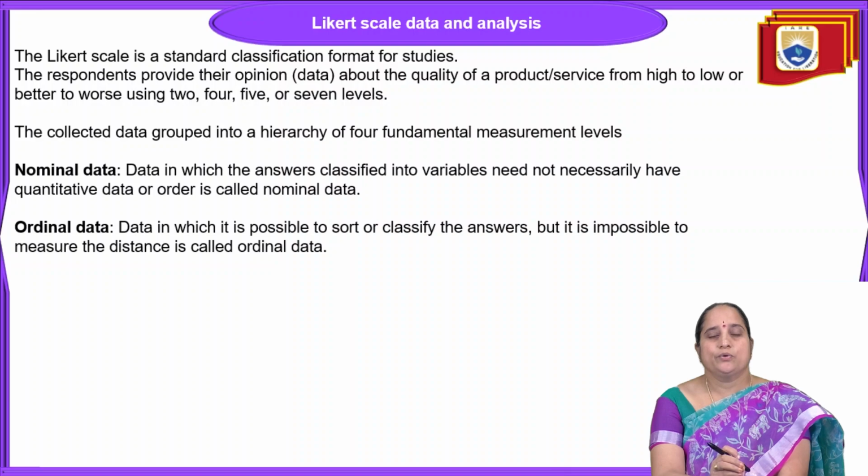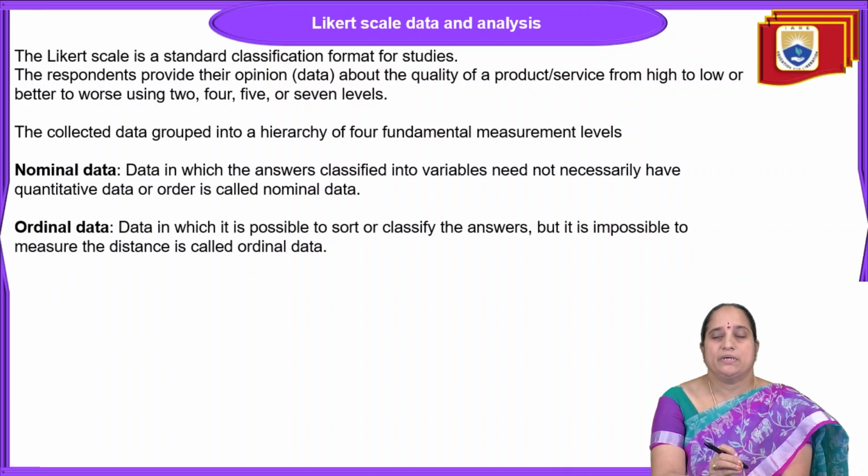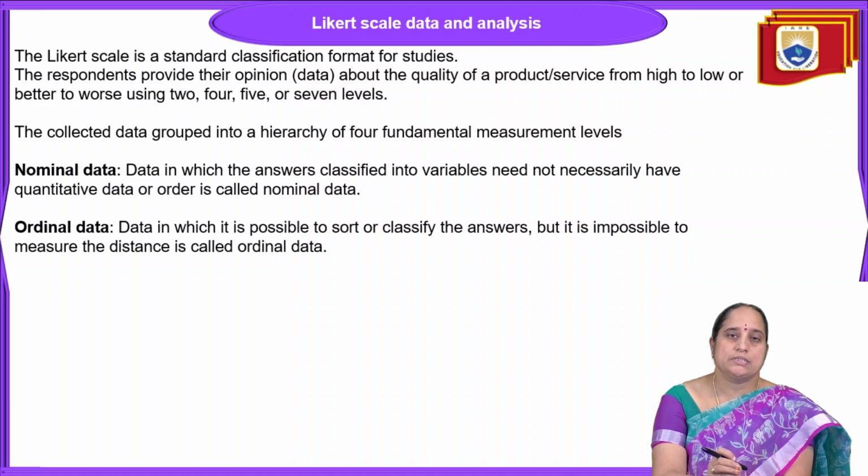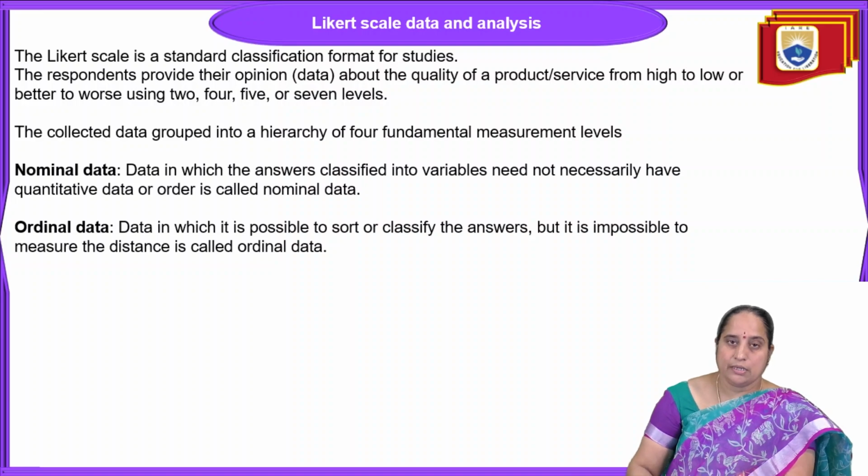Then the collected data is grouped into a hierarchy of 4 fundamental measurement levels. Nominal data: the data in which answers are classified into variables, need not necessarily be quantitative, and no order can be maintained. Coming to ordinal data, it is possible to sort or classify the answers, but it is impossible to measure the distance.